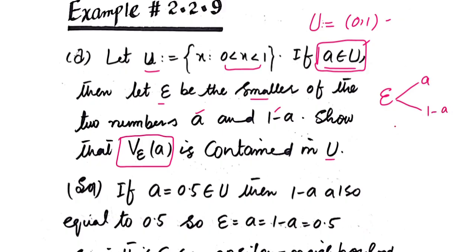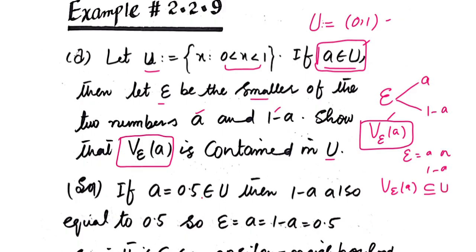Then we have to find the epsilon neighborhood of a. Epsilon is either a or 1 minus a. This is our target. And next we have to show that this epsilon neighborhood of a is always contained in U.